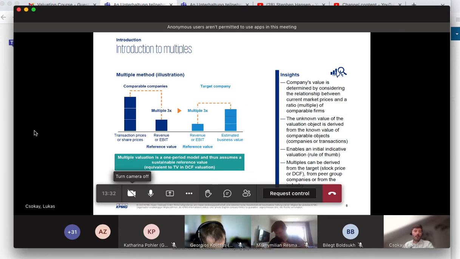Okay. And what are multiples? Again, multiples are market price or price-based figures.